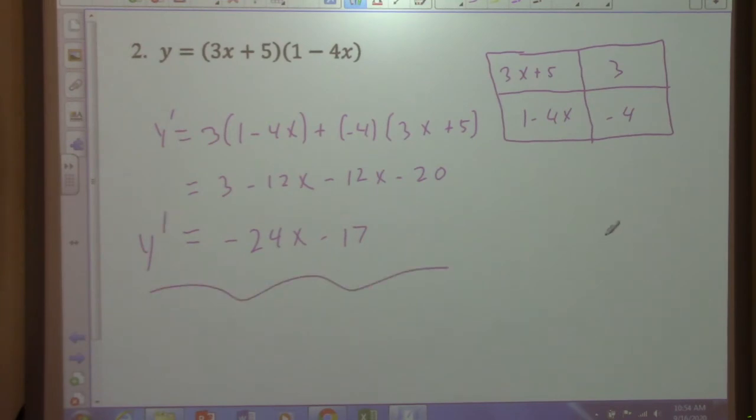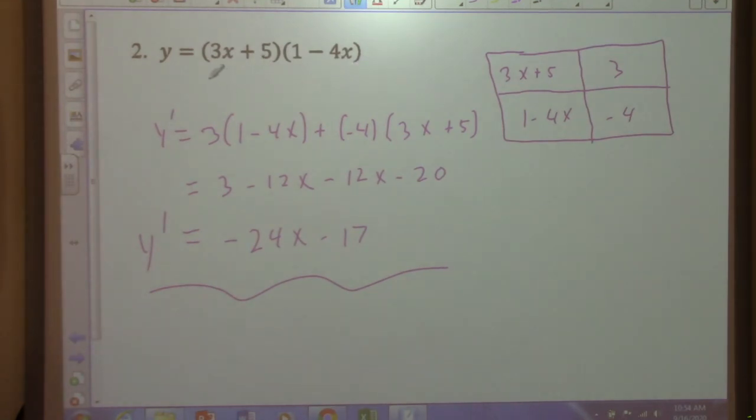And one thing you could do with this is, could you actually do this one without the product rule? Maybe. Well, you absolutely could, because what you could do is go ahead and multiply these together.